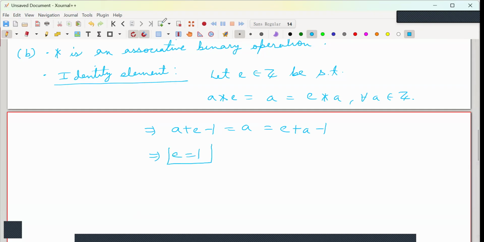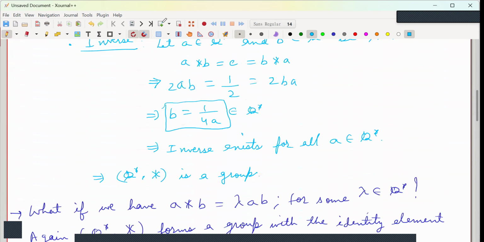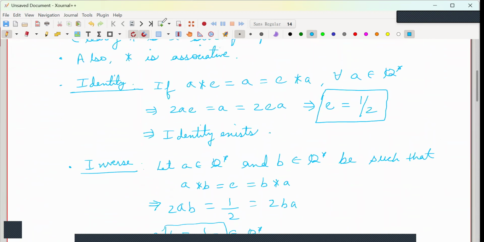You can also make a guess from the previous example. There we had the multiplication operation, and we scaled the usual multiplication by some scalar, right? And what identity do we get? The usual identity divided by that number, which is also the multiplicative inverse of the scaling number we took.